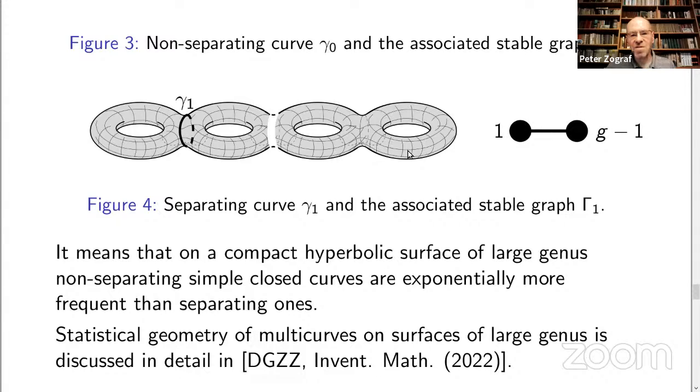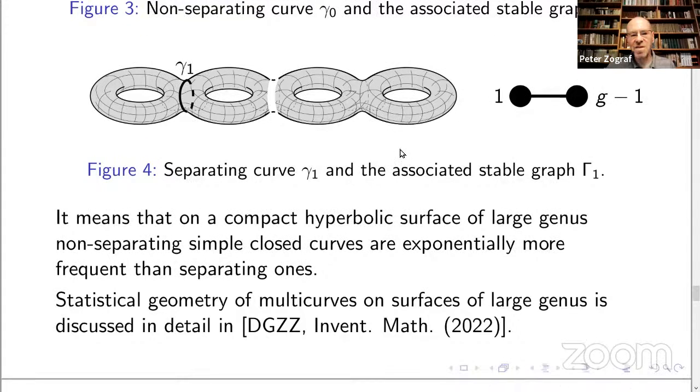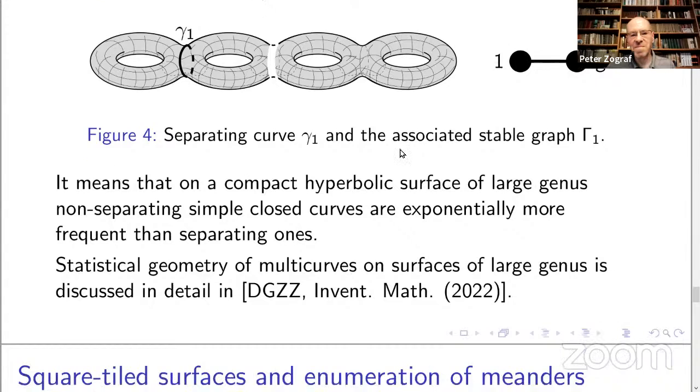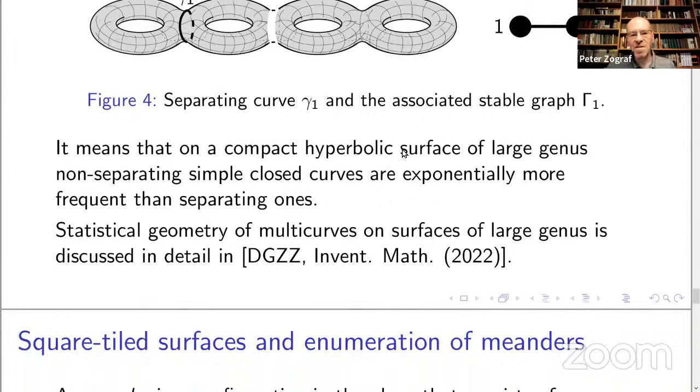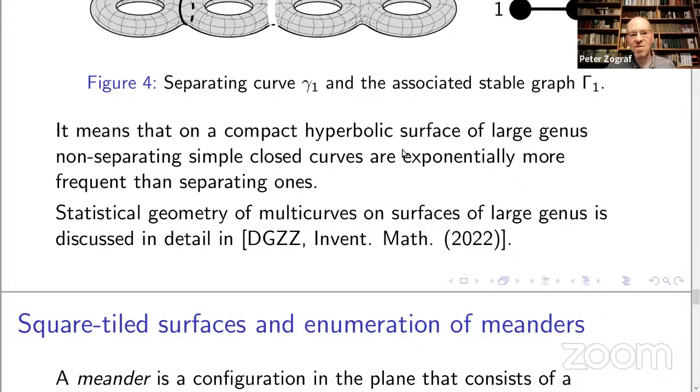I would also like to say that this result was generalized to multicurves in large genus, and it's discussed in detail in our paper with Delecroix, Goujard, and Zograf.